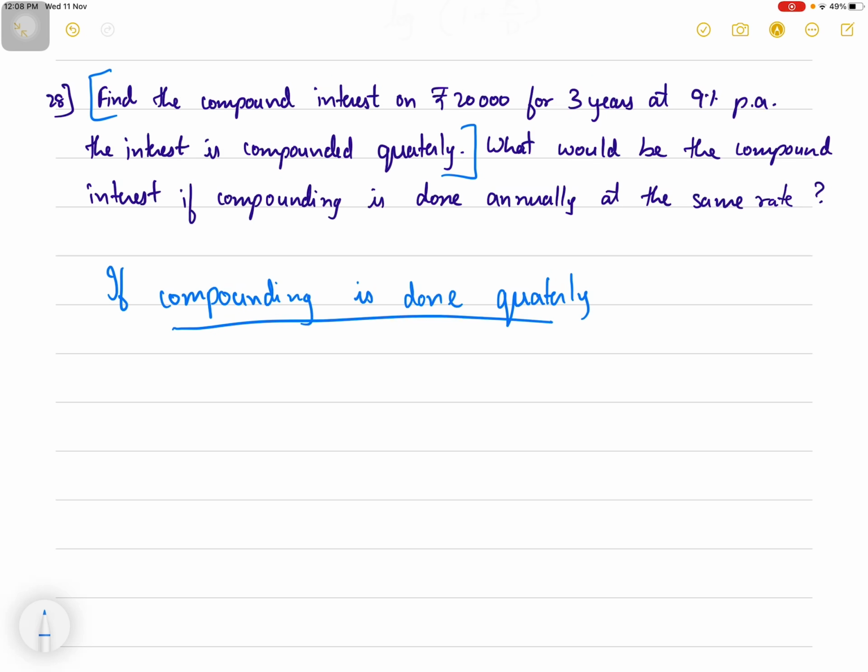Principal is given as 20,000, period is 3 years, and r is 9%, that is 0.09. d is 4 times, because compounding is done quarterly.